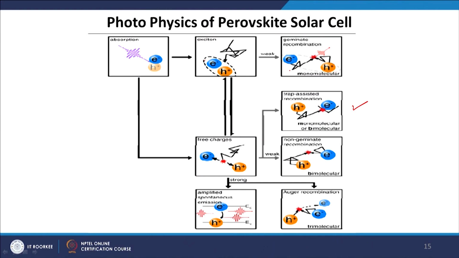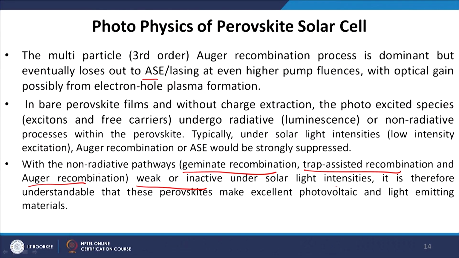Now, if the electron hole pair is recombined, what will happen? If the pair is recombined radiatively, then we will get light. If it is recombined non-radiatively, then we will get heat. All the sources of non-radiative pathways, as we discussed in the last slide, are geminate recombination, first order recombination, trap assisted recombination, free charge carrier recombination, and the Auger recombination, the third order recombination under strong light intensity.